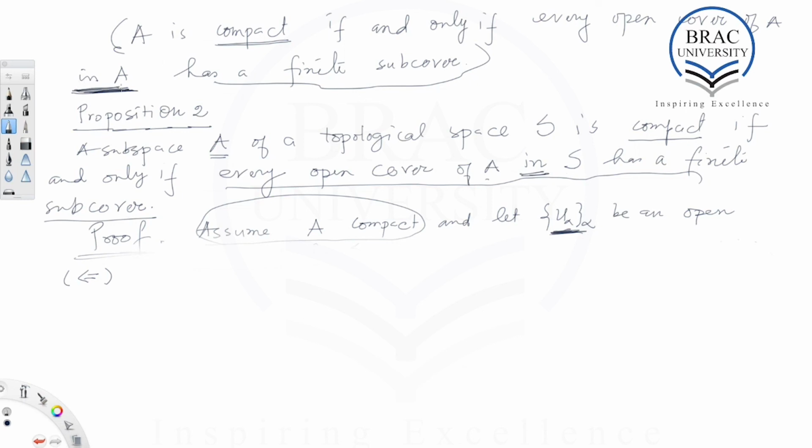So we get started with V alpha being an open cover of A in A, because we are going to take the help of this definition. Now the goal is to prove that there is a finite subcover of this cover. Then we'll be done proving that A is indeed compact.